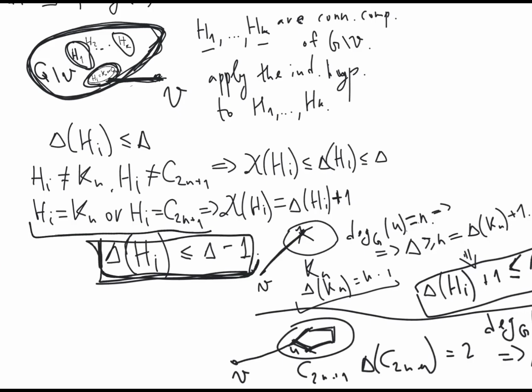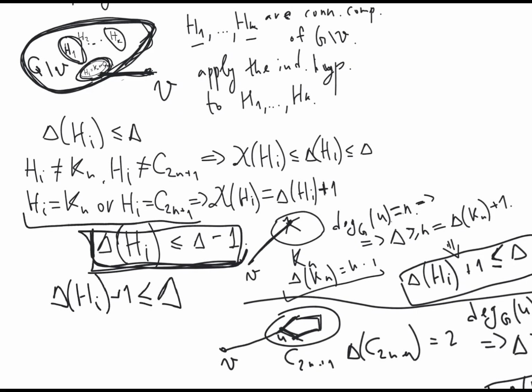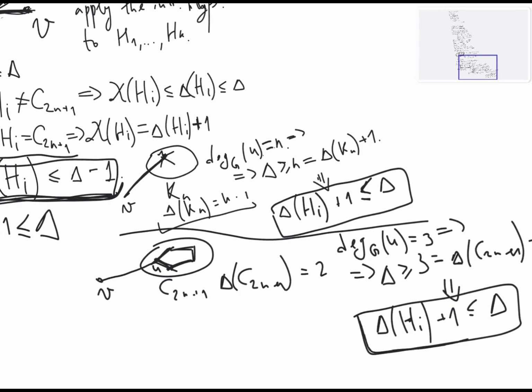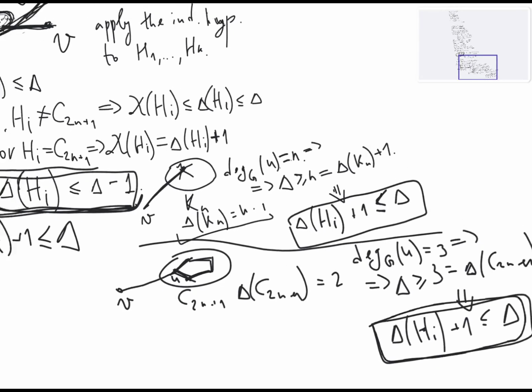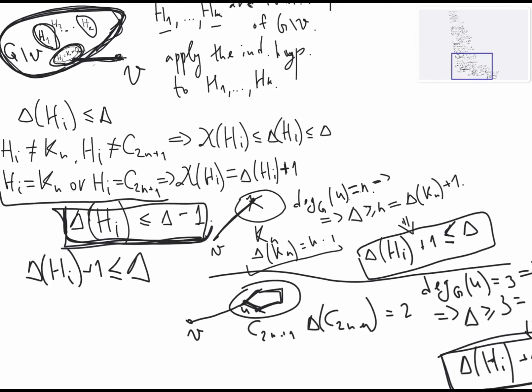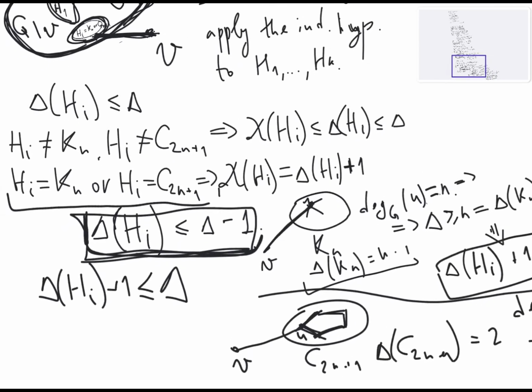Delta of hi is less or equal than delta minus 1, or delta of hi plus 1 is less or equal than delta, in this form, as I wrote it here. By inductive hypothesis we have this.